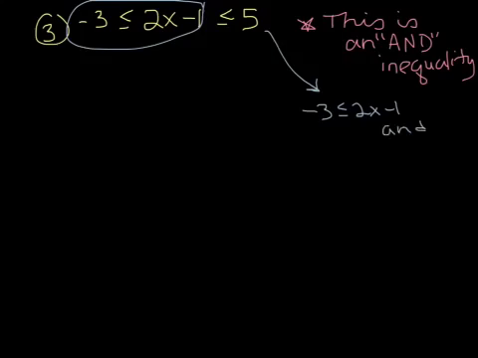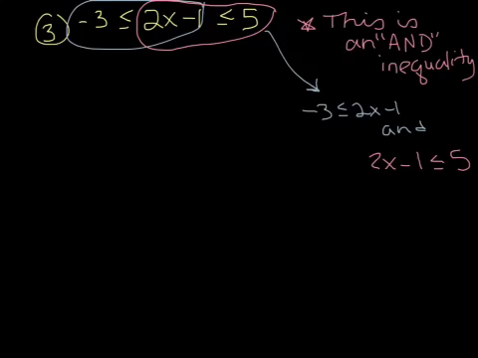The second part of it would be you keep the 2x minus 1, but you rewrite it as less than or equal to 5. So if you want to do it that way and solve each of these inequalities separately, that is fine. That will give you the same answer in the end as the one that we're going to get doing the other method. So that's method 1. It would be to split it up. So it's the same as that.